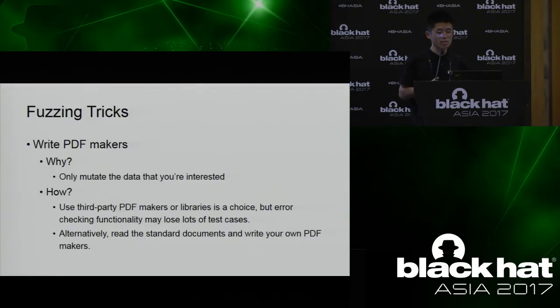This functionality may lose lots of test cases, because they refuse to translate a morphed or invalid file to a PDF file. So I recommend that you read the standard documents and write your own PDF makers.